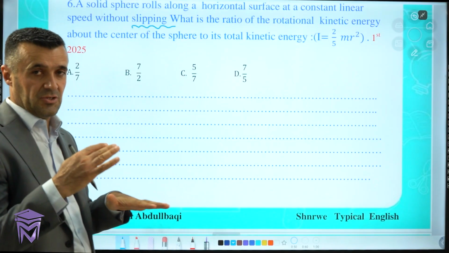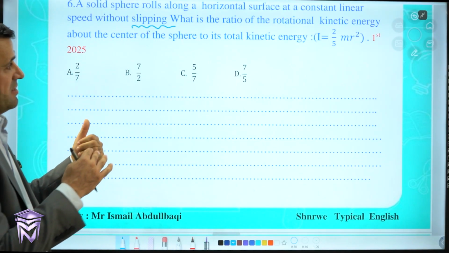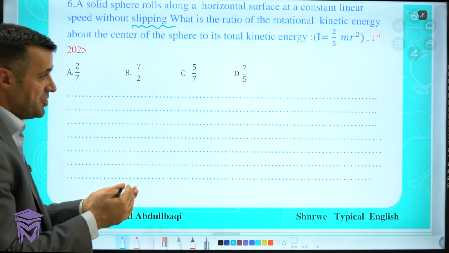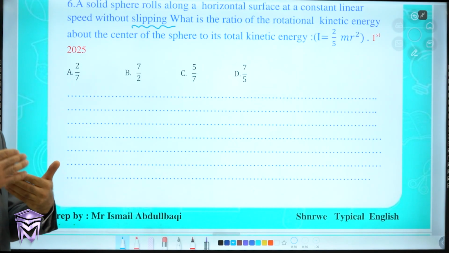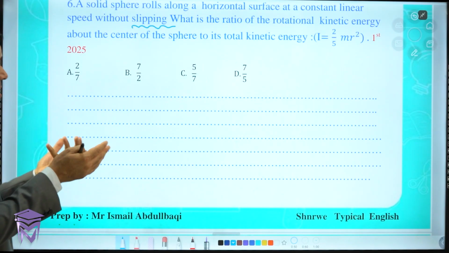We have to find the ratio between the rotational kinetic energy and the total kinetic energy of the same object.